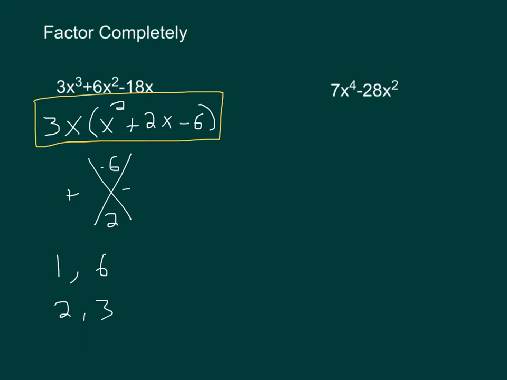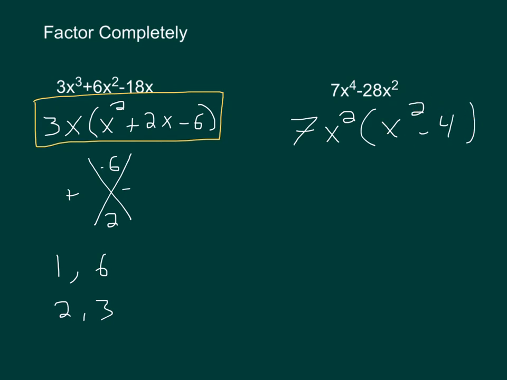Again, look for a common factor first. If I look at this common factor first, I'm going to see that it has a 7 and an x squared as a common factor, which would leave behind x squared minus 4. Can't break down a monomial any further, 7x squared.